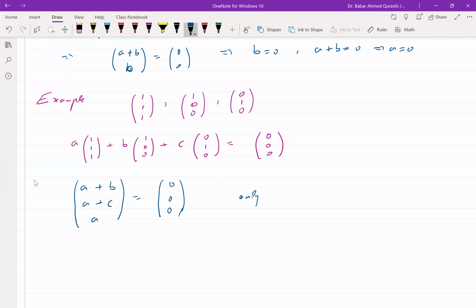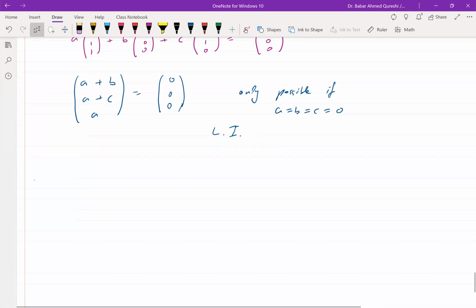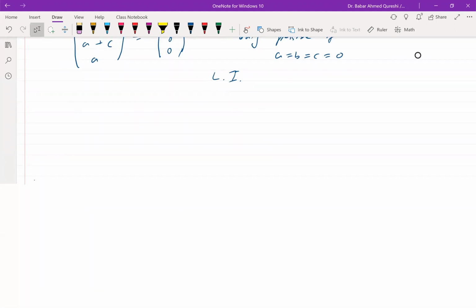Only possible if a, b, and c are all 0. So they are linearly independent. What if you are given, well, this was easy to solve. In general, what would happen?